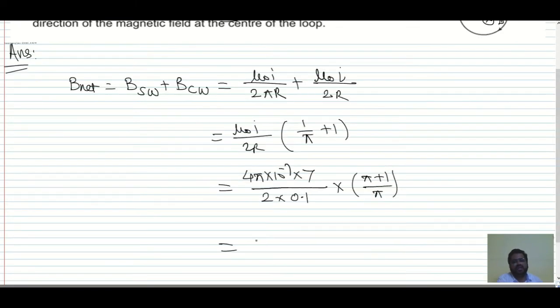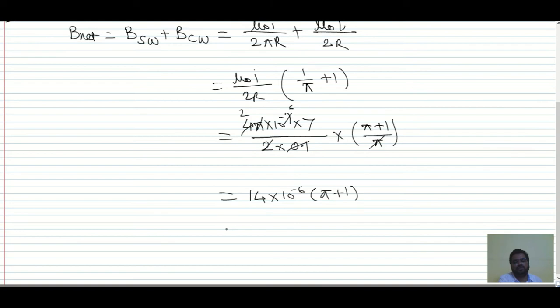So if you calculate now, this pi gets cancelled. This is 2, this is minus 6, so it is 14 into 10 to the power minus 6 in bracket pi plus 1. So if you just calculate now, 14 into 4.14 into 10 to the power minus 6, 14 into 4.14.